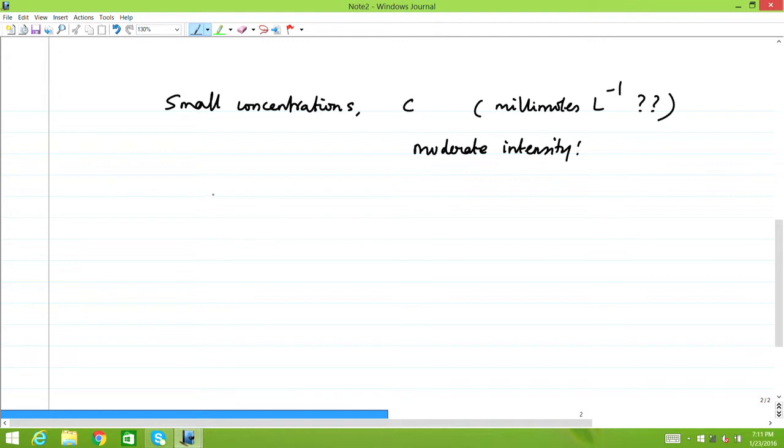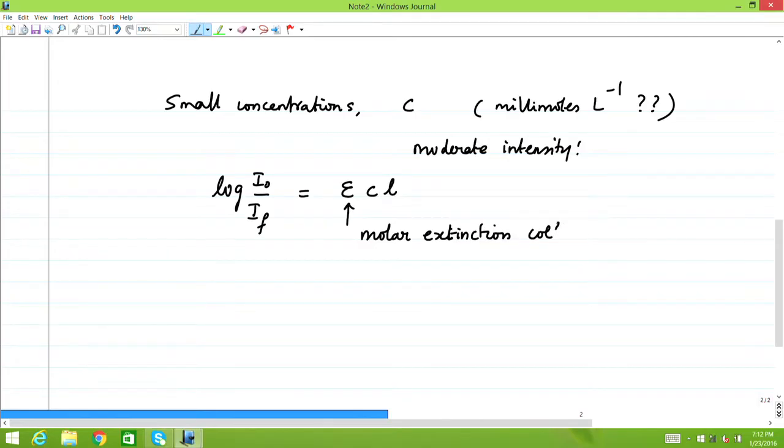And then for light of moderate intensity, it satisfies the law that log I naught by IF is equal to a constant times the concentration of the substance and the length of the cell, and this constant is called the molar extinction coefficient or molar absorption coefficient, and this is called absorbance.